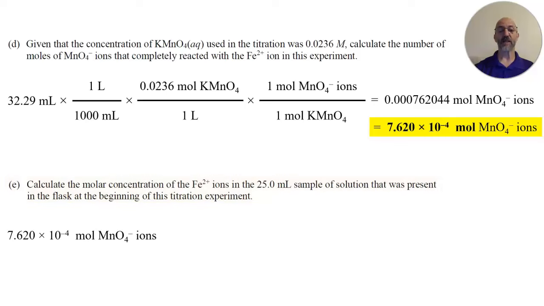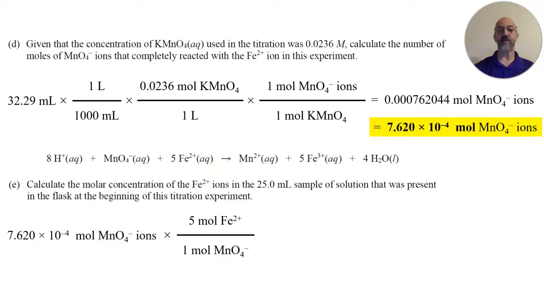So with my balanced chemical equation, that would be a 5-to-1 ratio. There's 5 moles of iron 2+ in the balanced equation for every 1 mole of permanganate. So I'm going to take my answer to Part D, which is 7.620 times 10 to the negative 4 moles of permanganate ions, times 5 moles of iron 2+ for every 1 mole of permanganate.